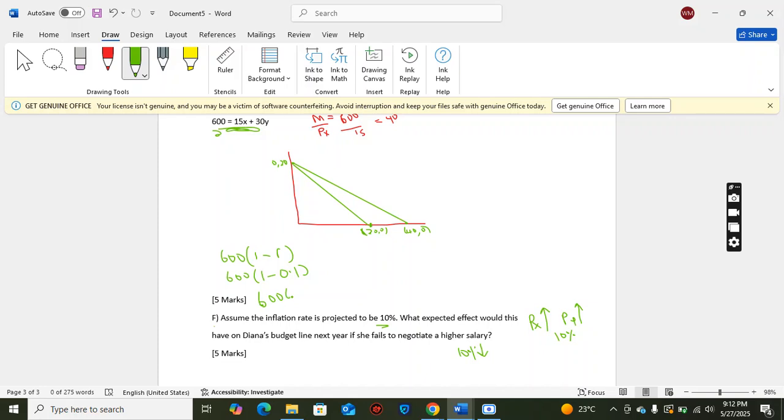Or you can say 10% of 600 is 60, and 600 minus 60 gives 540. Or 0.9 times 600 gives 540. So inflation has eroded the purchasing power of her income. In real terms, her income is like 540 kwacha.